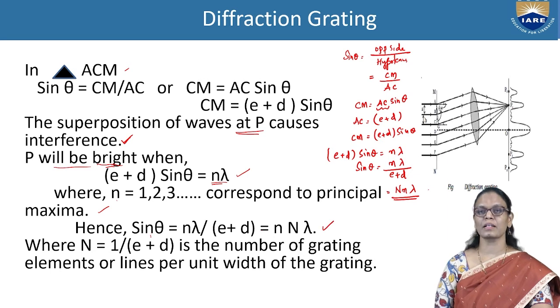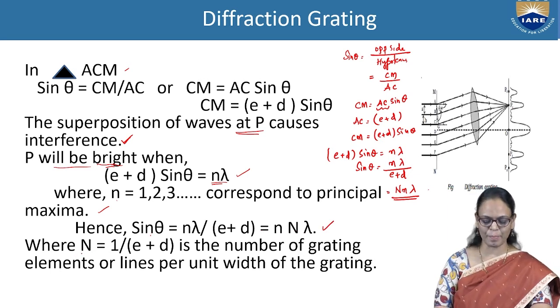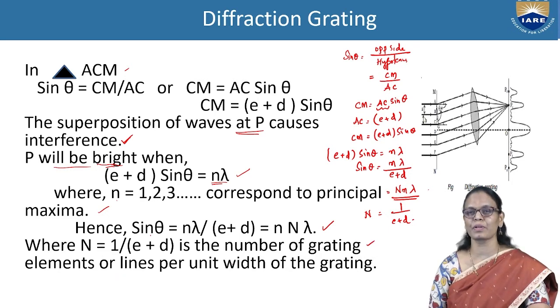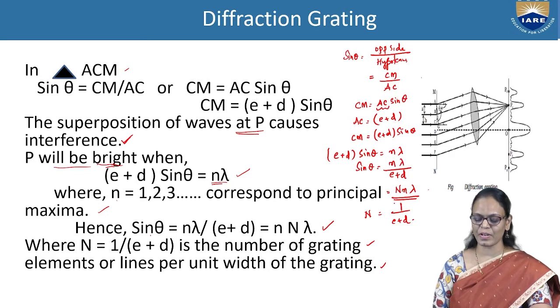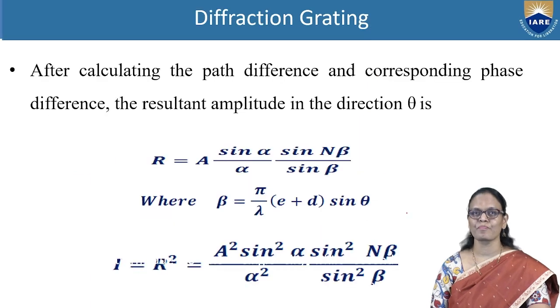So sine theta is equal to small n into capital N into lambda. So what is capital N? Capital N is nothing but 1 upon (e plus d), the number of grating elements or lines per unit width of the grating. Number of lines per unit width is given by N is equal to 1 by (e plus d).